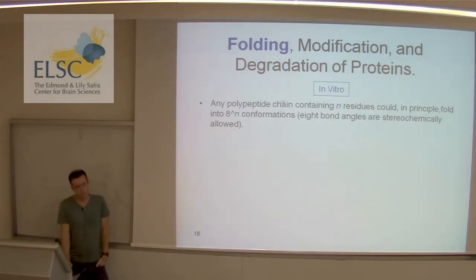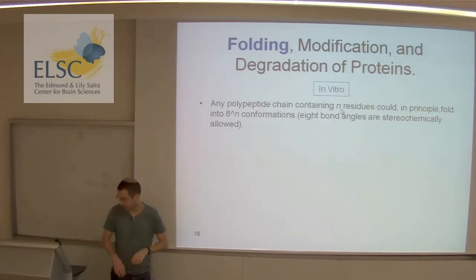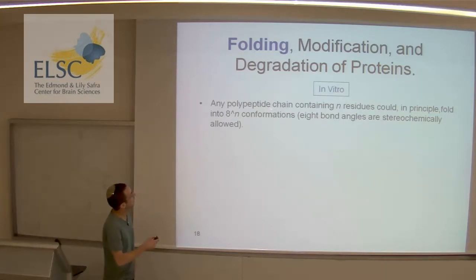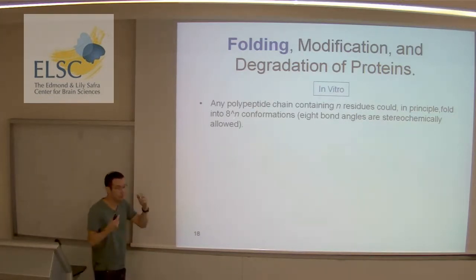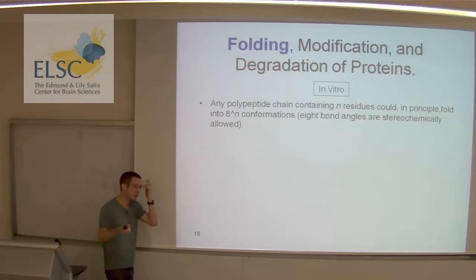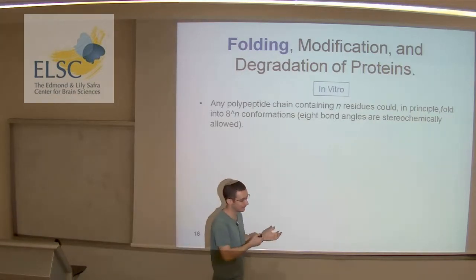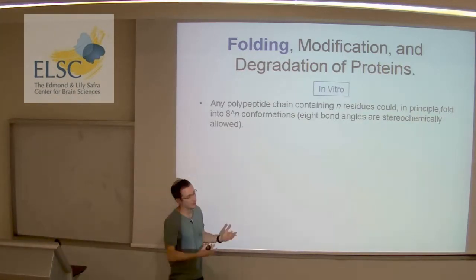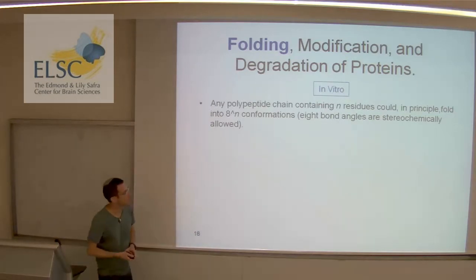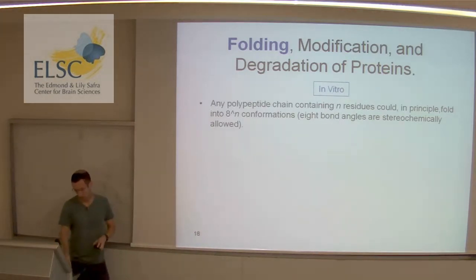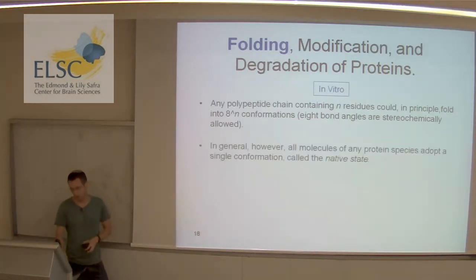So in vitro, hypothetically speaking, any polypeptide chain containing N amino acids or N residues can in principle fold into A to the power of N conformations. That is because there's only a certain number of angles, A, that are chemically, spatially allowed. But still it's a huge number.